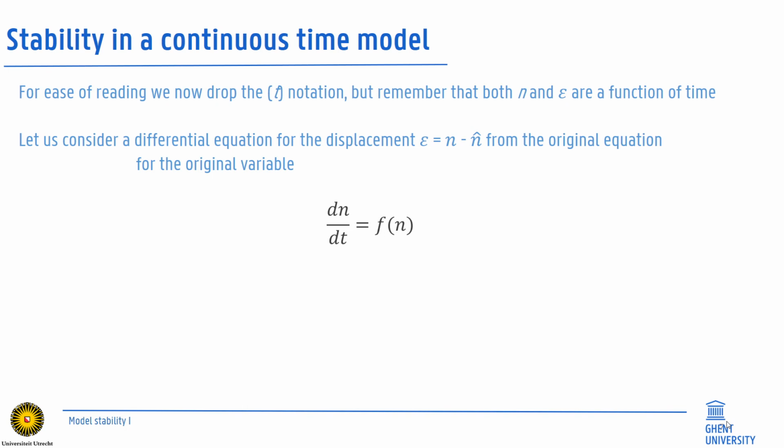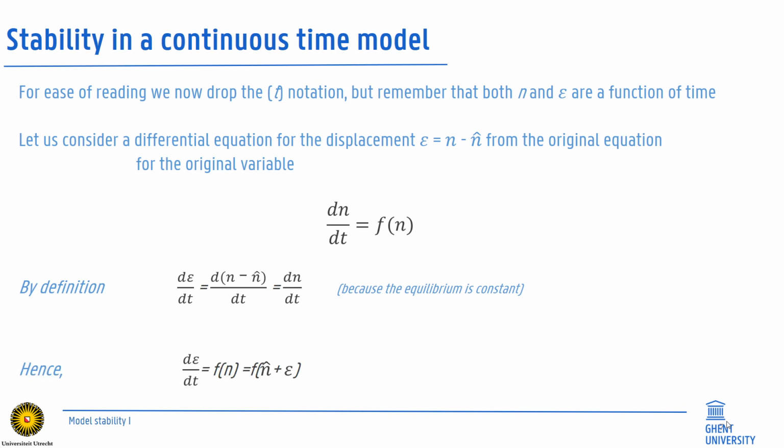Now, for ease of reading, let's drop the t notation and consider a differential equation for the displacement, epsilon equaling n minus equilibrium n*, from the original equation for the original variable, f(n). By definition, any change in the distance from the equilibrium will be d(n minus n*)/dt, which becomes simply the change in n over time because the equilibrium is a constant.